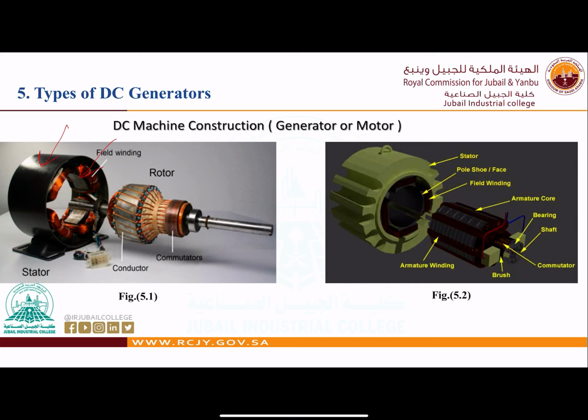And we have a rotor, and this is called a rotor. We have rotor windings, and we have a commutator. As you can see here, we have many windings for the commutators, and then we have a DC current, okay?